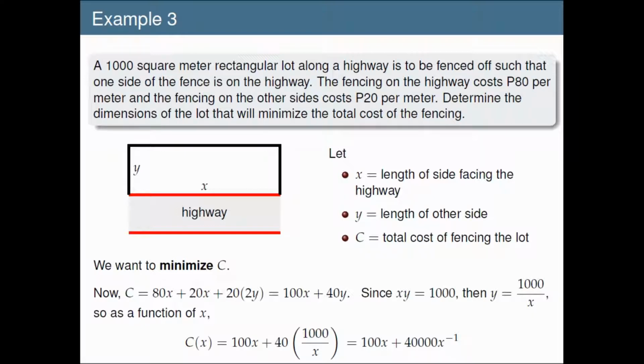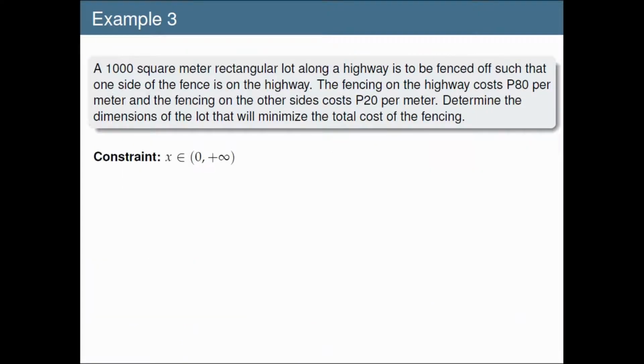We now get the constraint. Since yung x yan ay length, then x must be positive. So x must be in the open interval 0 to infinity. We now get the derivative of the cost.